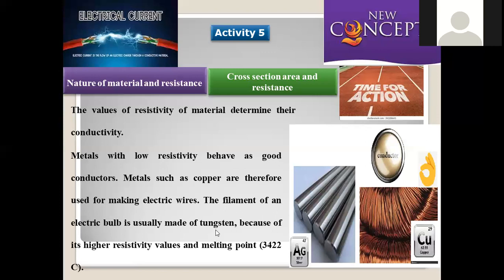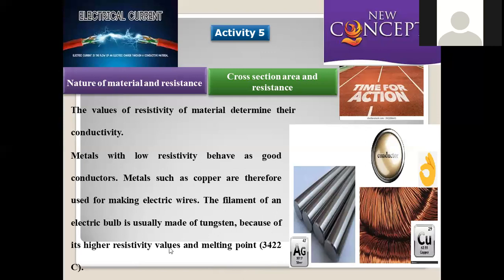Moreover, tungsten is the metal with the highest melting point in the entire periodic table, that is 3422 degrees centigrade. This extent of heating is required in order to melt tungsten. It is the highest value among known metals.